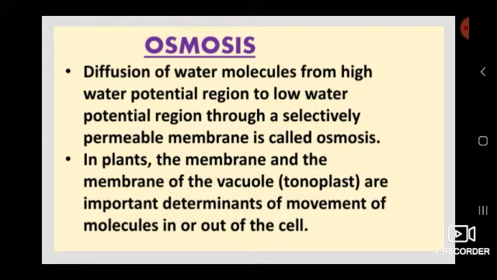In plants, the plasma membrane and the membrane of the vacuole, that is nothing but the tonoplast, are two important determinants of movement of molecules in or out of the cell.